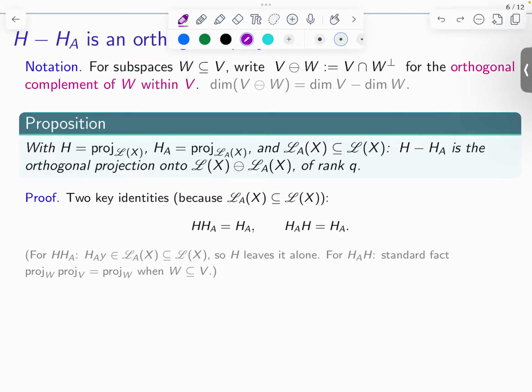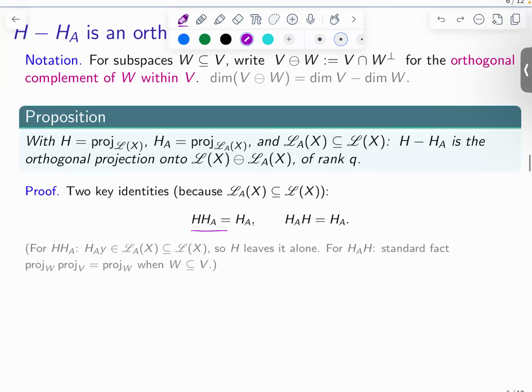For this, we need two identities, which are not difficult to show. H times HA is equal to HA, and HA times H is equal to HA. The first one, if I want to show it, I'm going to apply both sides to a vector, and if I can show that these two vectors are the same for any y, then I have the result.